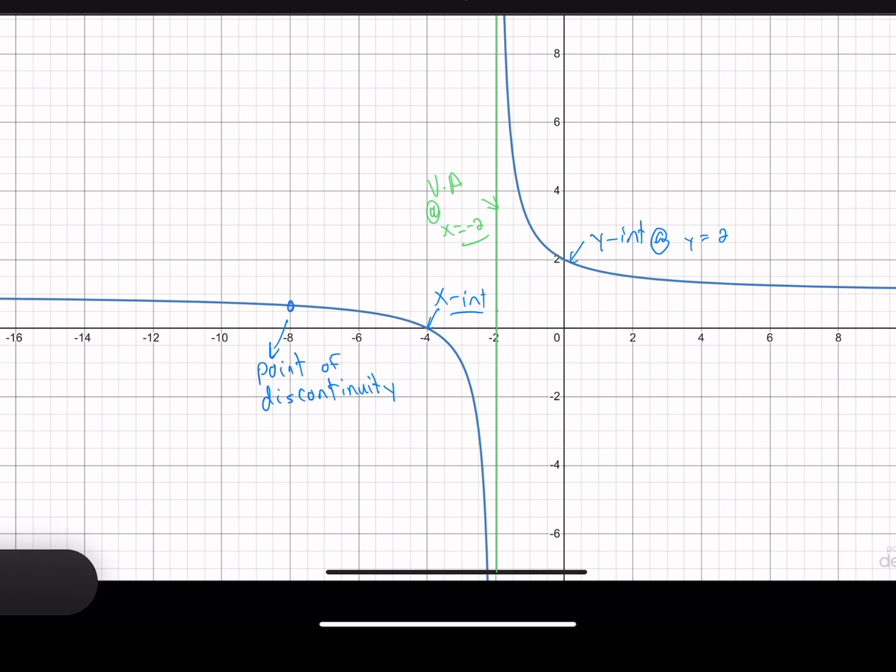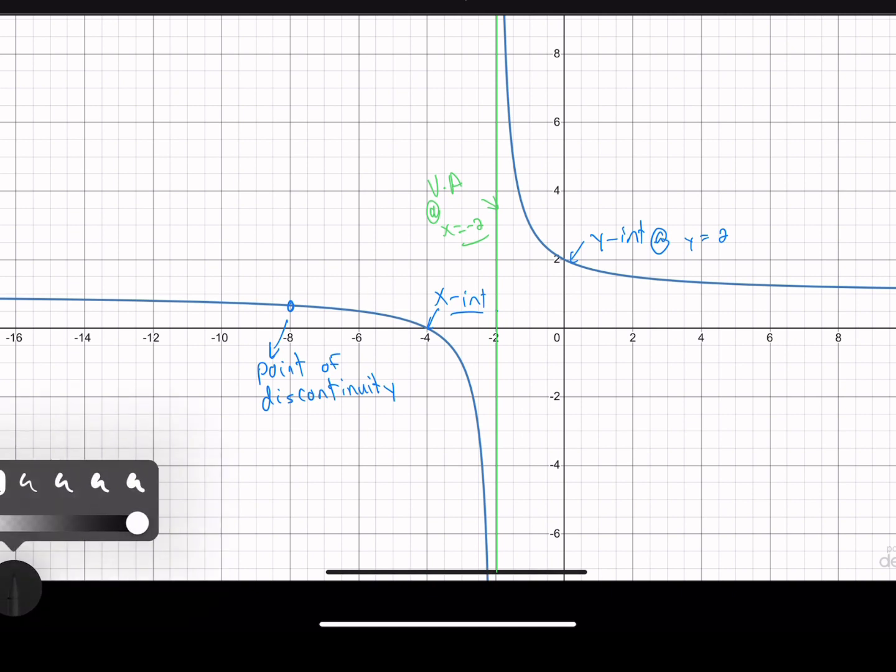So now with all the information we pointed out here graphically, we can kind of start to build the equation. So we know that it's going to be y is equal to something over another thing, or numerator over denominator, but we don't have an exact idea of what that is.